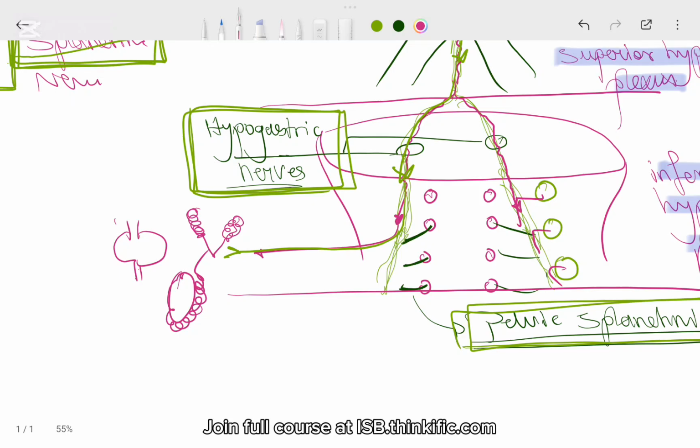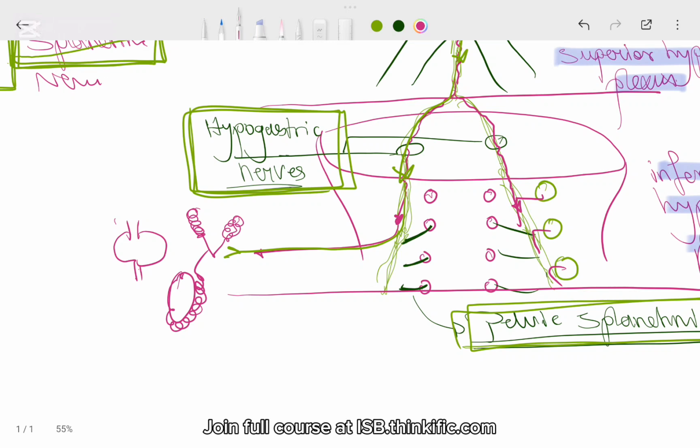They give a minor contribution to the sympathetic innervation of pelvic organs, but originally they are coming from L1 and L2, similar to hypogastric nerves. So this is all about the extrinsic sympathetic innervation of the pelvic and abdominal organs.